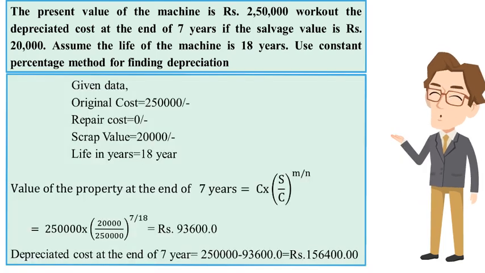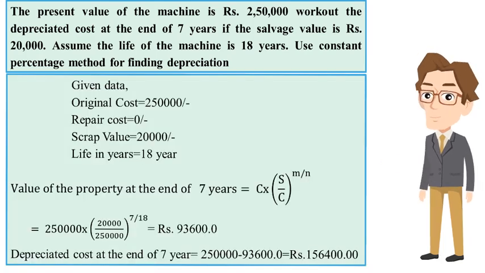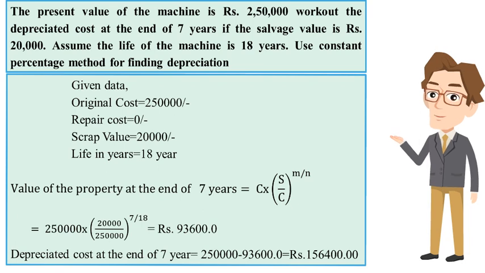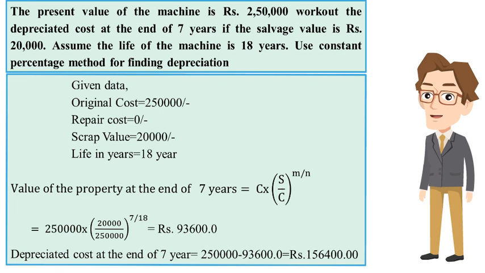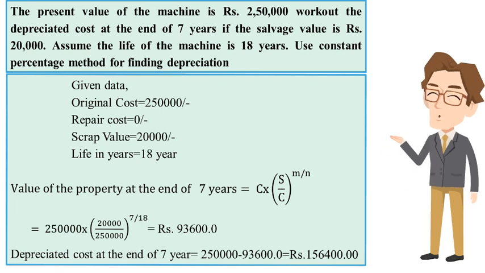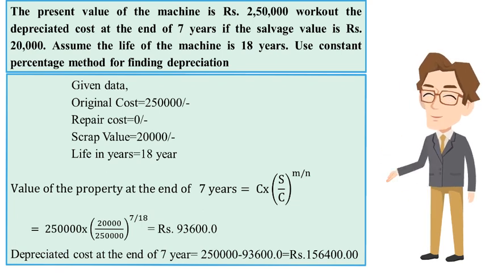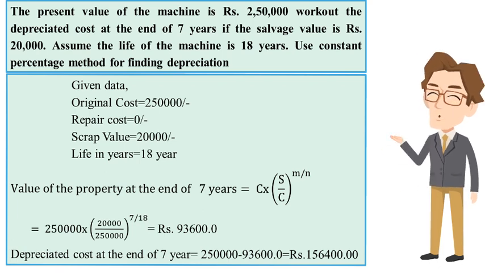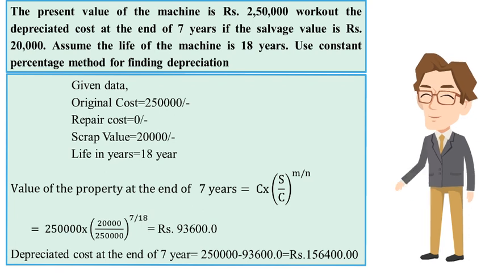We're also told that the useful life of the machine is 18 years. In this scenario, we're using the constant percentage method for calculating depreciation. This method assumes that the value of the machine decreases evenly over its life.